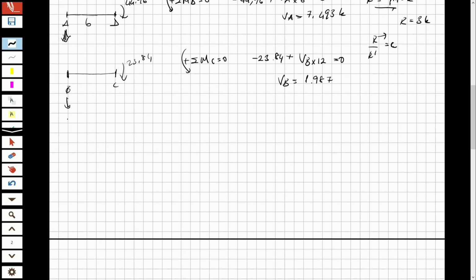So moment DA will be equal to 9.48 multiplied with 44.96, equal to 14.2 kip-feet.